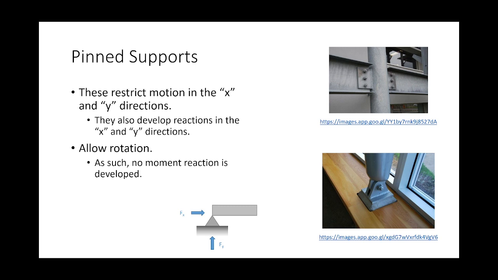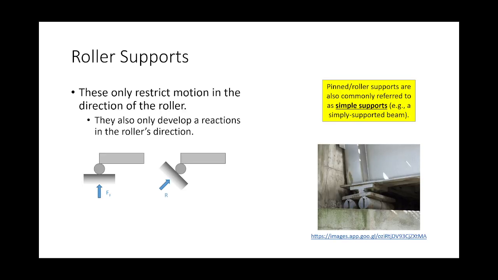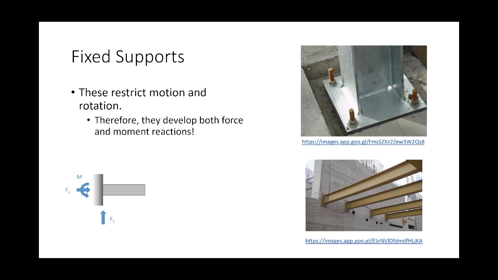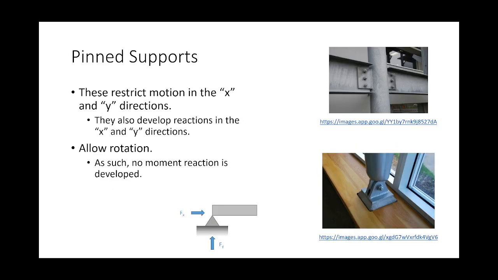So one thing you will not see at a pinned support is an unknown moment reaction, okay? And to show you a little bit of an example later, I'm skipping a couple of slides, but fixed supports have an unknown reaction in the x direction, an unknown reaction in the y direction, and an unknown bending moment, okay? So we can see that with different support conditions.